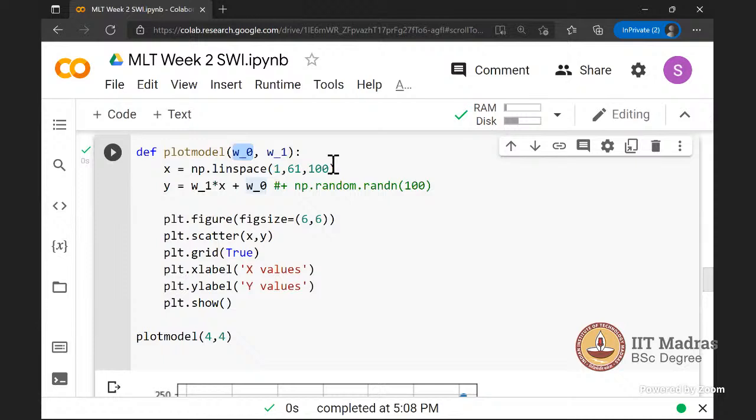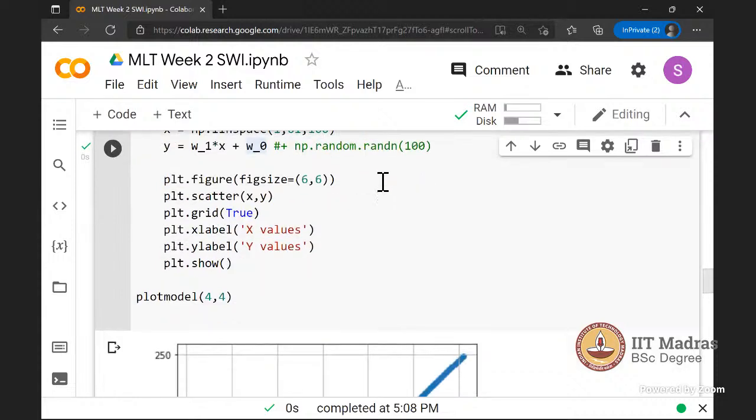The dummy feature is always 1, because when we multiply it with W0, we always get W0. So you'll have a column in the X matrix that's just 1. Exactly, that's right. Got it. Thank you, sir.